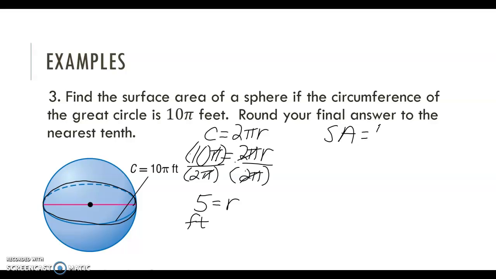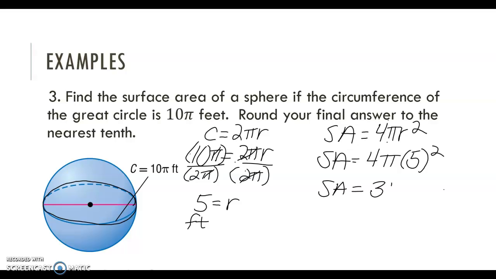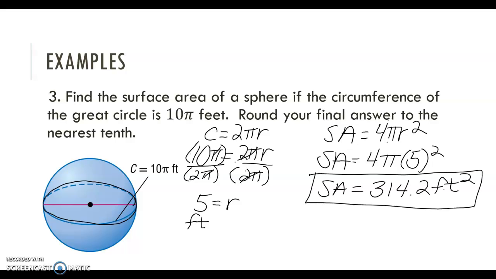So surface area is 4 pi r squared. So 4 times pi times 5 squared gives me a final surface area of 314.2 square feet. So that is given circumference first.